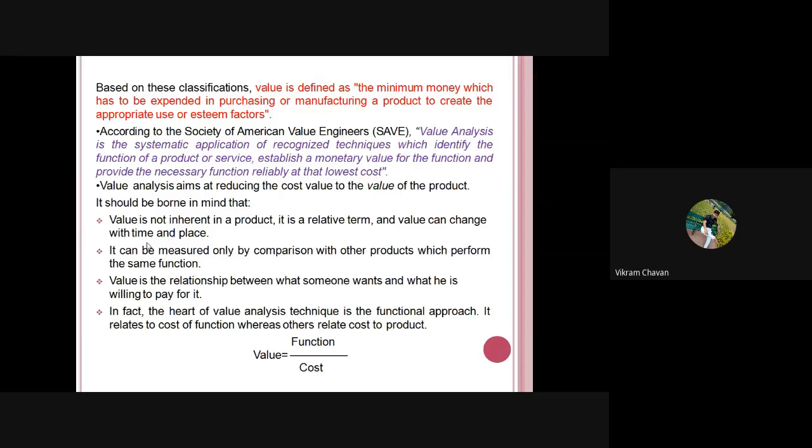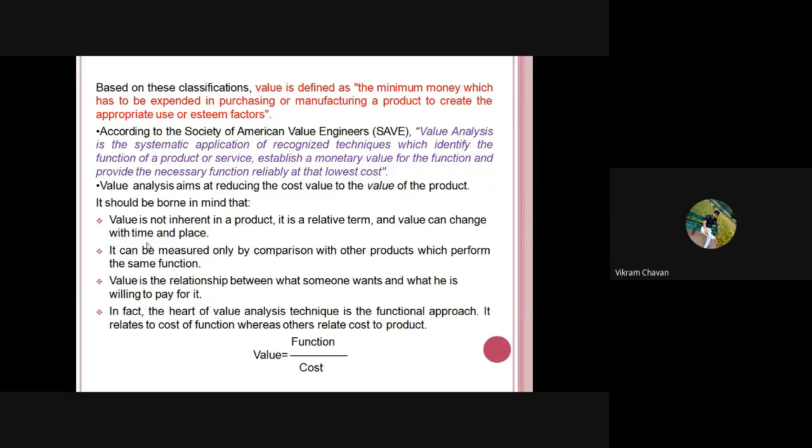Based on all the classifications related to the value terminologies, one can define value as the minimum money which has to be expended in purchasing or manufacturing a product to create the appropriate use or esteem factors.